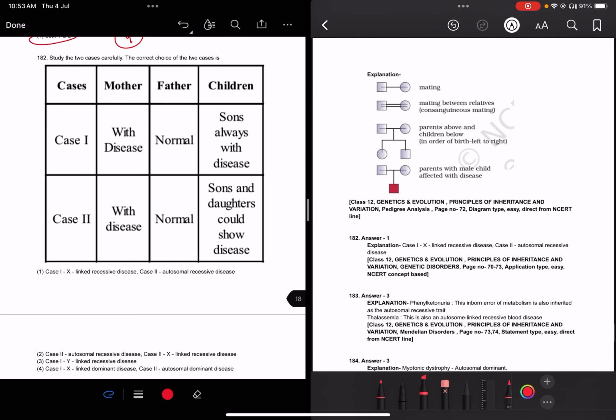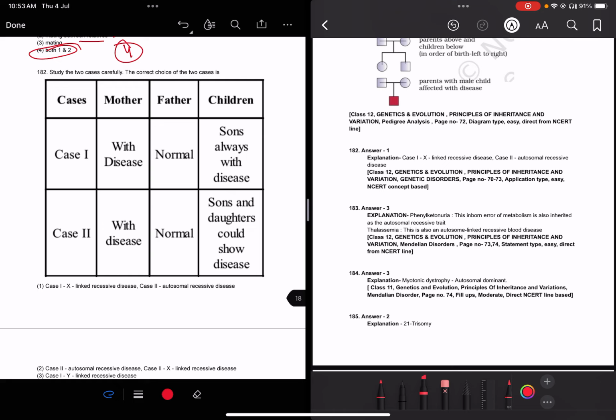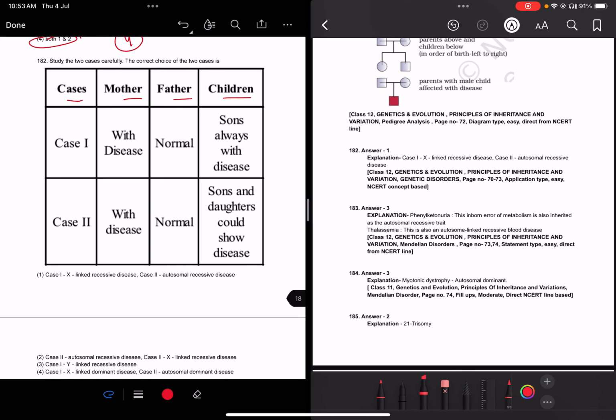Now move on to question number 182. Cases with mother, father, children. Read the question carefully. Case 1: mother with disease, father normal, children: son always with disease.